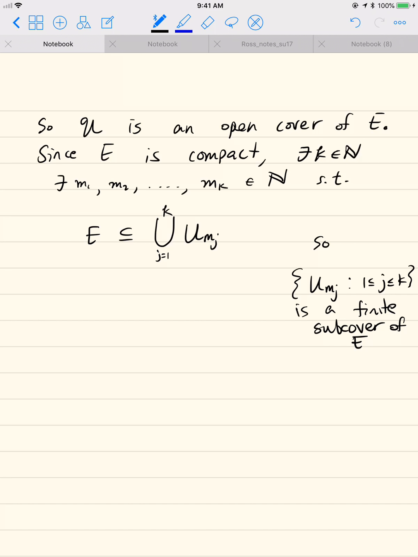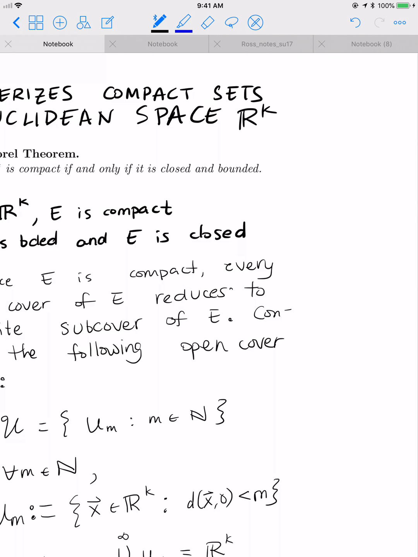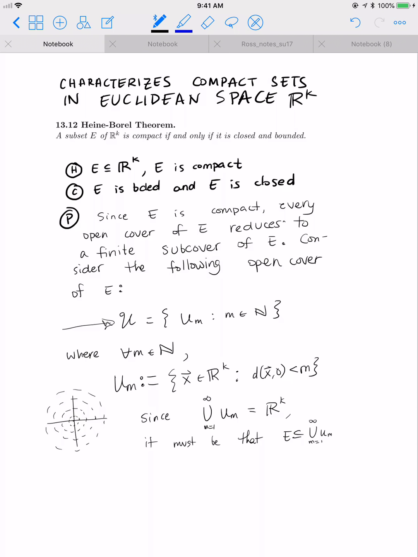Let M be the max of the set of M_j, j between 1 and K. Now notice that our sets are nested.